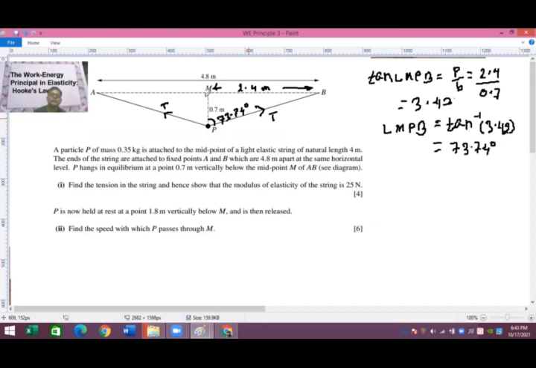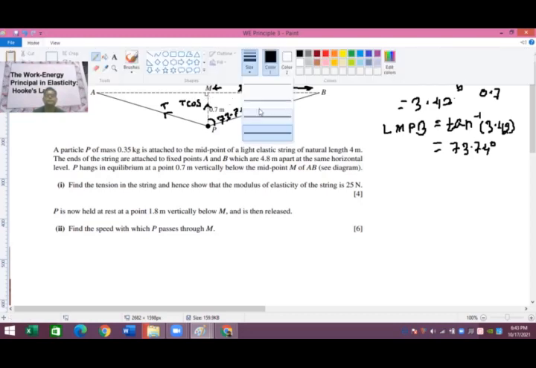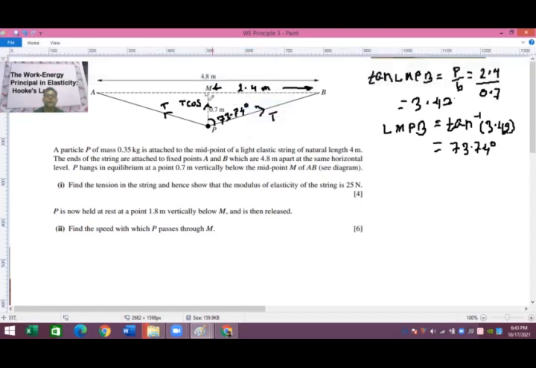So in this case, let's take this as a baseline. For this tension, both the tensions are equal in this equilibrium position because this is the same material here. If you resolve one of these tensions over here, this is going to be T cos 73.74 degrees.